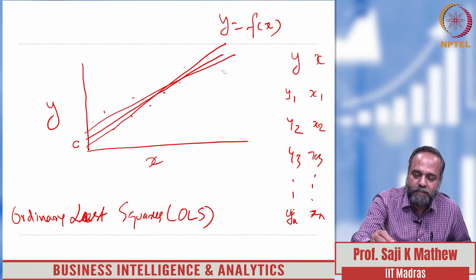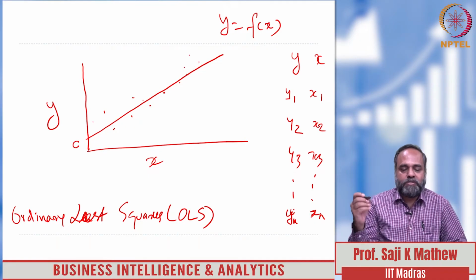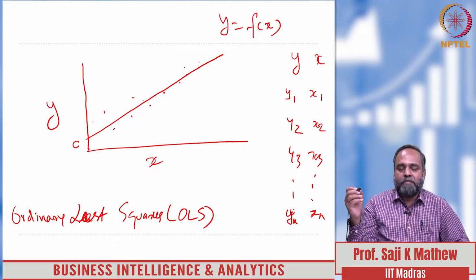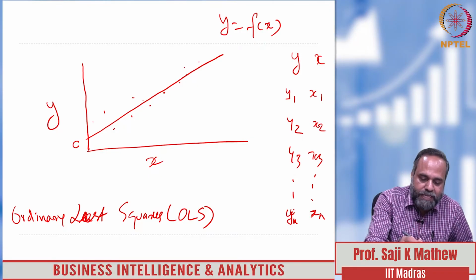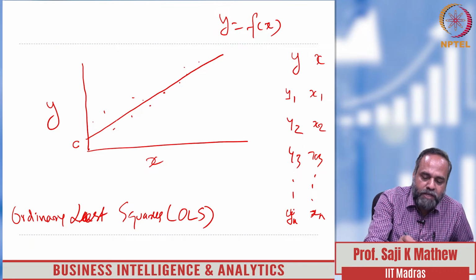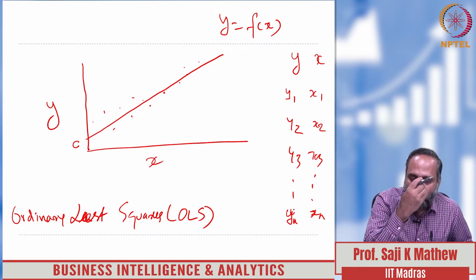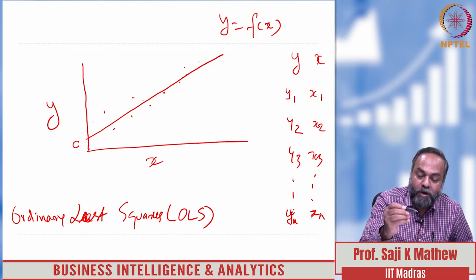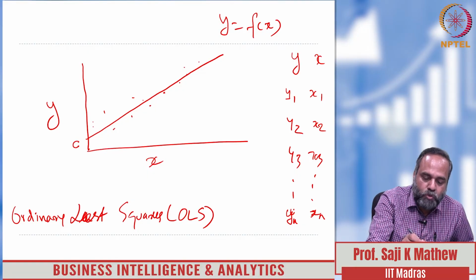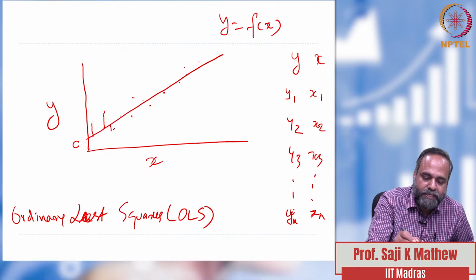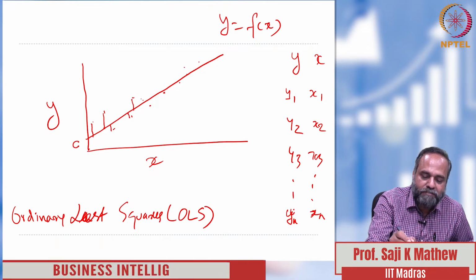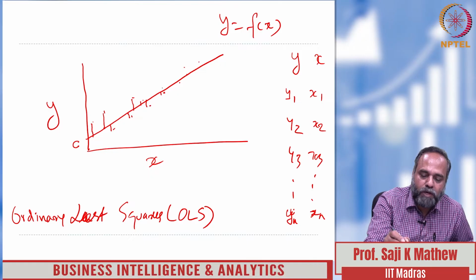And how is that done? Suppose this is the line that we imagine, and then we can see that the line passes through some of the dots, or some of the xy pairs, but some points are not covered or not on the line. So there is a difference between the data and the model.